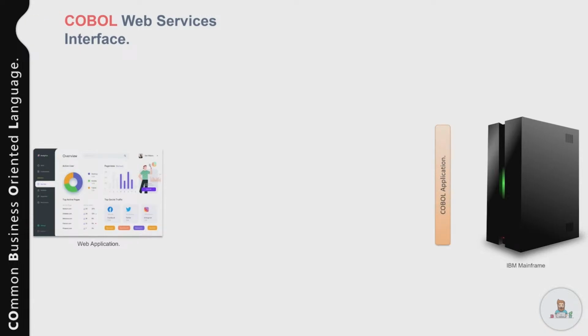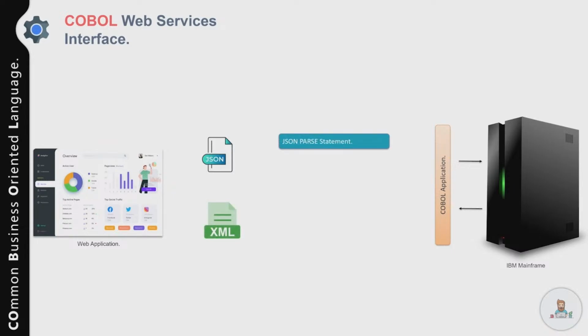Now, if you look at the diagram, you can clearly understand that on one side you have the web application, which is hosted on a non-mainframe platform, and on the other side you have the COBOL application, which is hosted on IBM mainframe. First of all, let's say our web application is communicating with the COBOL application in JSON format. In this case, you can use two separate COBOL statements.